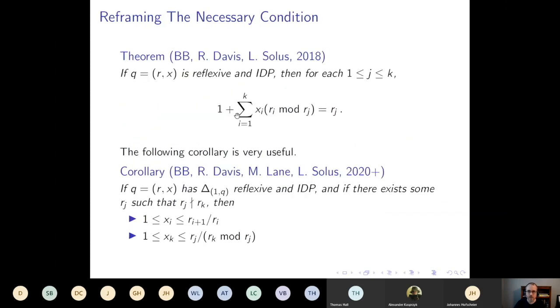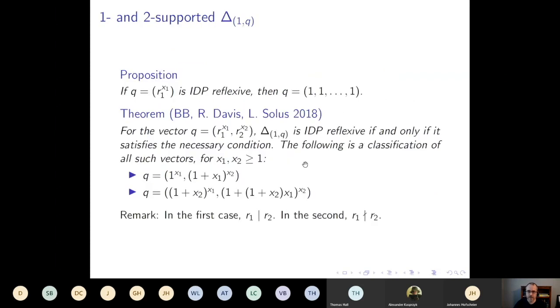So this condition here says that I add up the remainders of the weights modulo each possible weight and I get the jth weight. That actually, for the 2 supported case, completely characterizes IDP. And we have a classification of all such vectors.